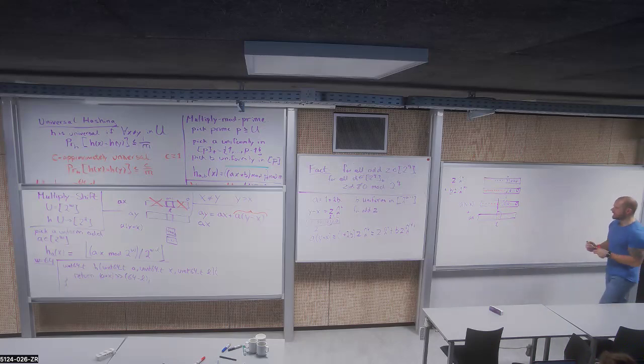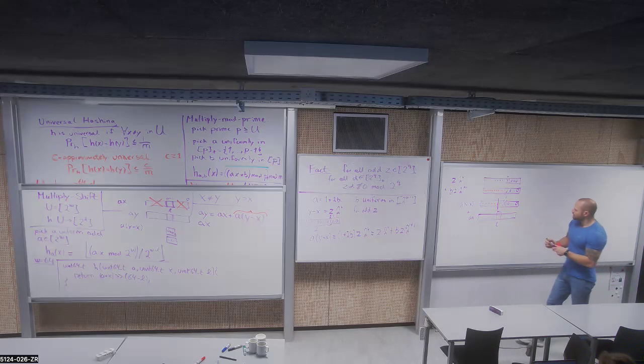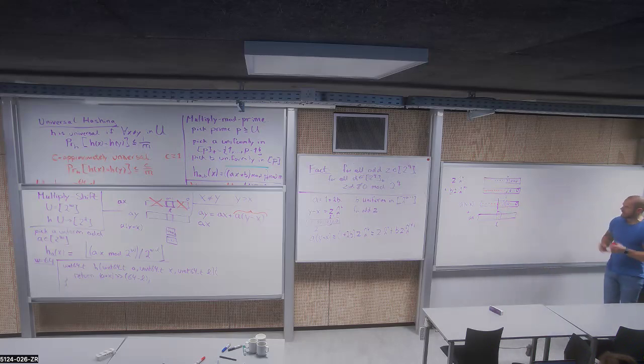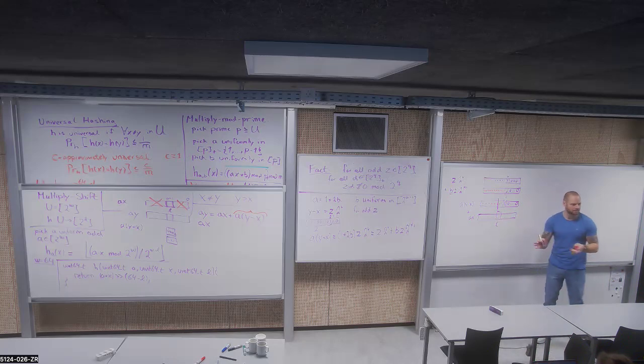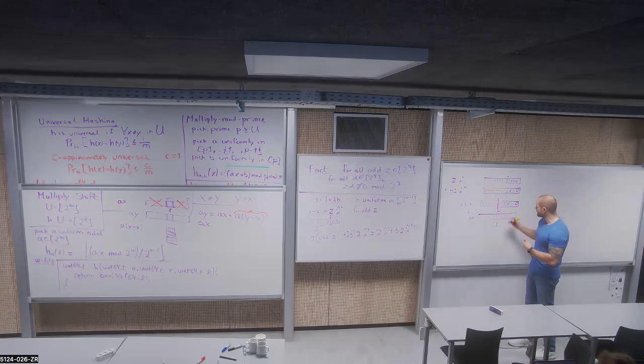So there are a couple of cases, right? Depending on where this I is, if this I is sitting somewhere inside this chunk of L bits that we care about in our hash value, what can we say about the collision probability?